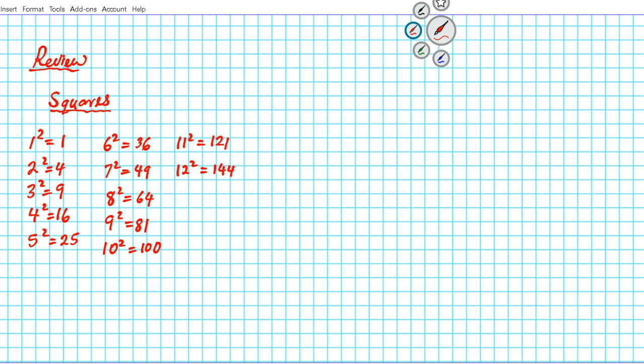Okay, so these are your squares that you want to have mastered so that you can easily simplify radicals.